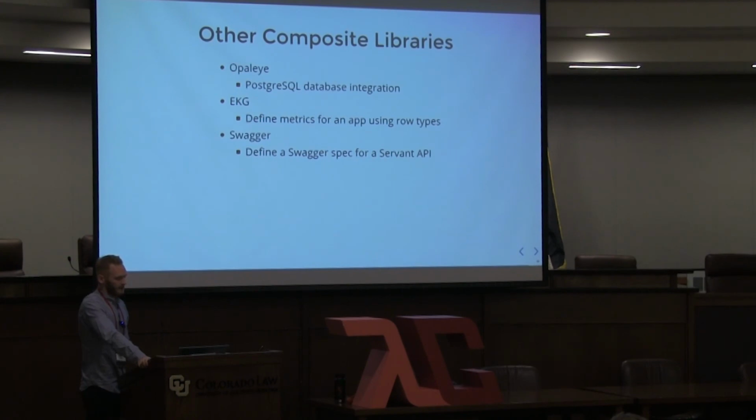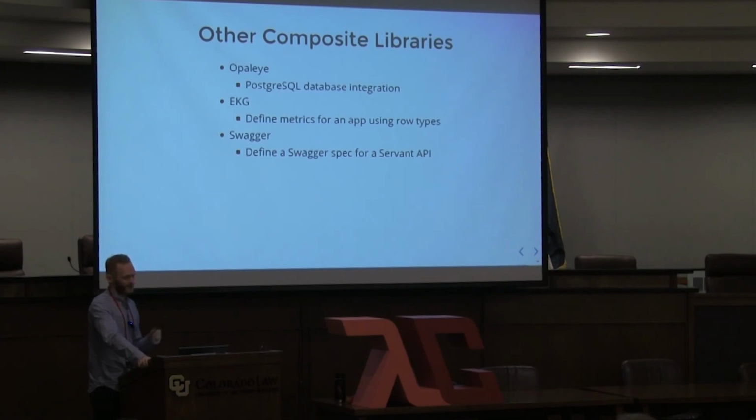So personally, Servant has its pros and cons. One thing I really like about Servant is that you can define a Swagger spec for it really easily. And so there is a Composite integration to do this in the same way.